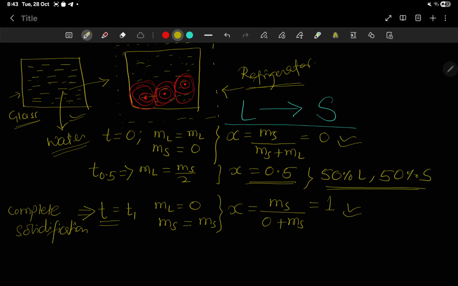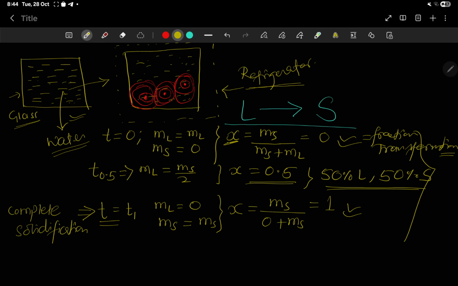Okay, so this is the variation of this fraction transformation. Okay, x is the fraction transformation with respect to time.